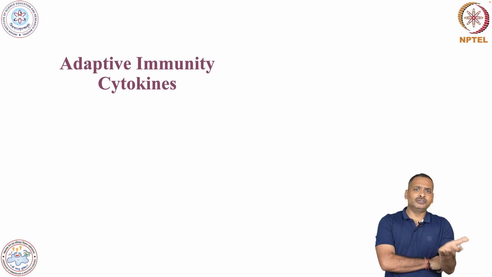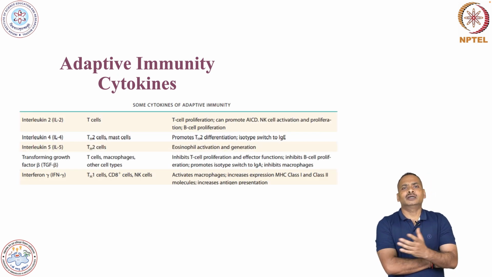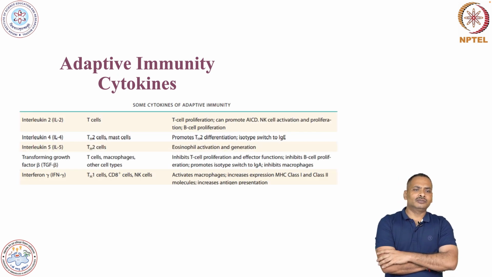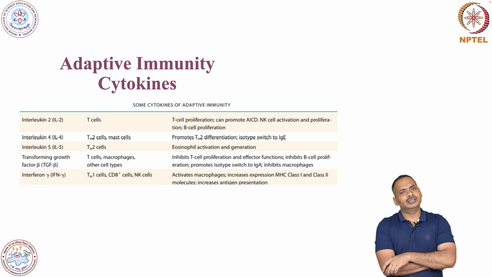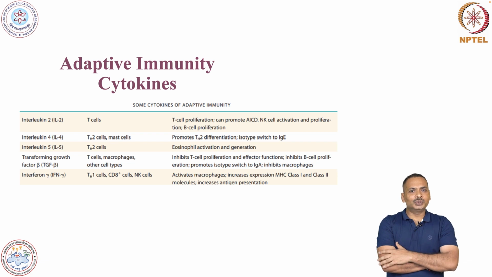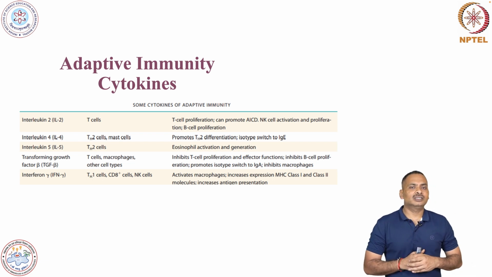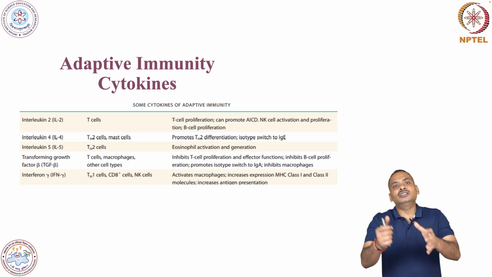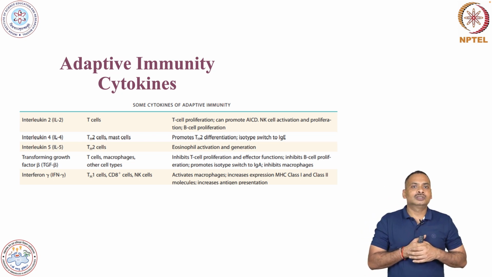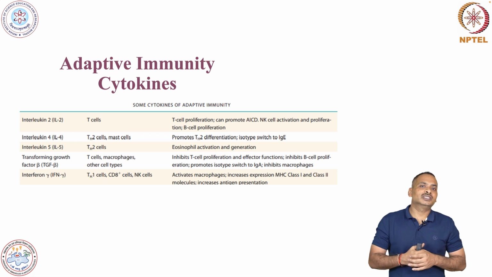There are adaptive immune cytokines, and among them IL-2 plays a very important role, and it is very much necessary. If you see IL-2, our immunity is developed in such a way that there are various kinds of receptor for IL-2: high affinity, low affinity, medium affinity. Okay.